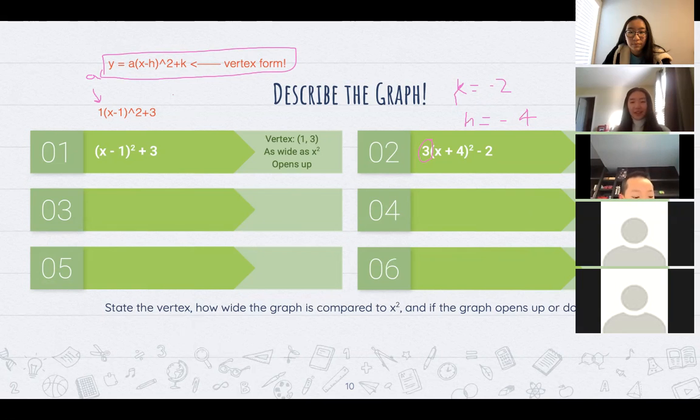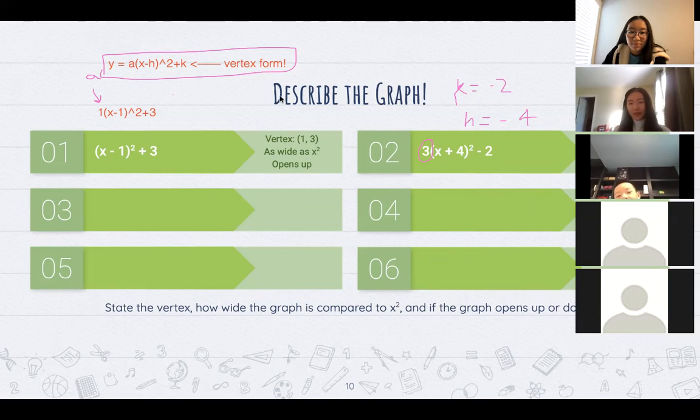Okay, last one. You can do this one. Does the graph open up or down? If A is negative, it opens down. If it's positive, it opens up. So it would open down. Are you sure?